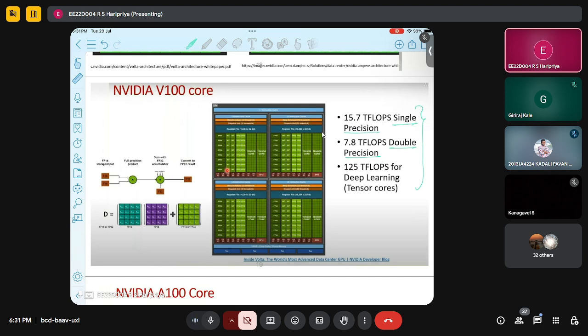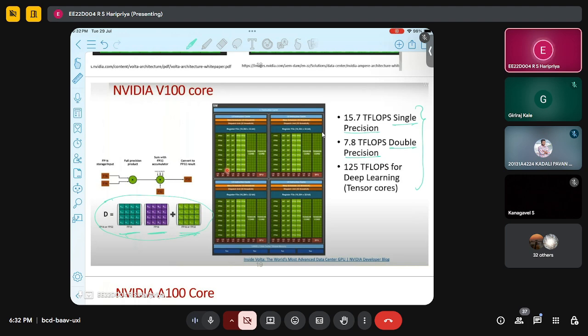So a 4 cross 4 multiplication using FP16 and addition. One 4 cross 4 matrix multiplication will be done in one clock cycle, and matrix multiplication is the important computation in any AI benchmark.